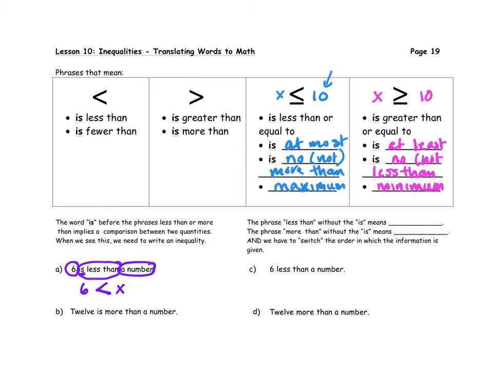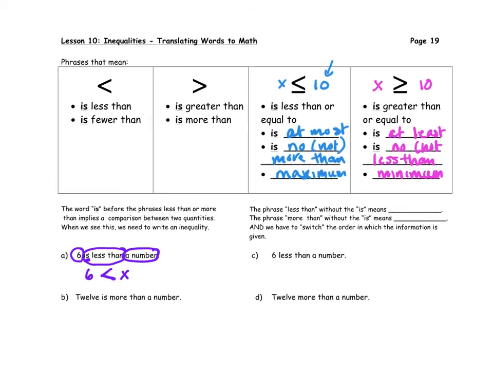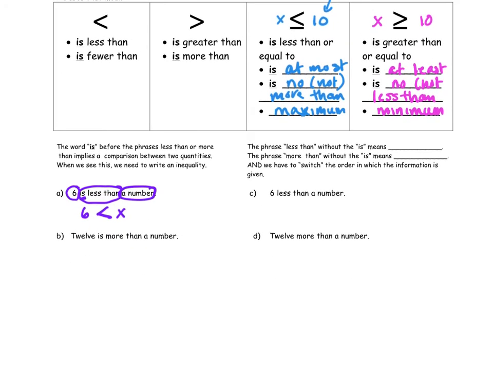We've said that we're just going to use x when they say a number. The next phrase says 12 is more than a number. So if I look at this, 12 is more than a number.